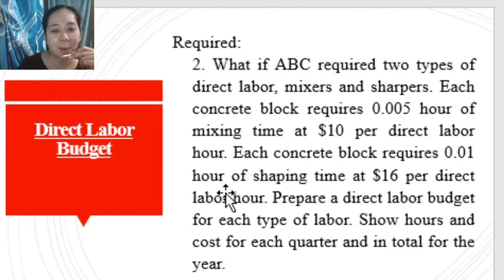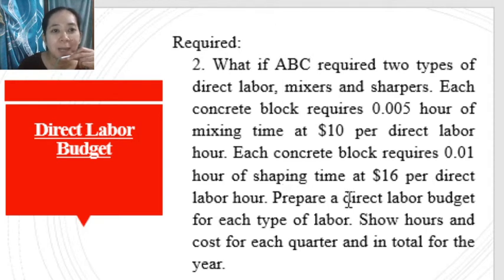For the second requirement, what if the company requires two types of direct labor? We have the mixers and shapers. Each concrete block requires 0.005 hour of mixing time at $10 per direct labor hour. In terms of shaping, each concrete block requires 0.01 hour of shaping time, and the direct labor cost is $16 per hour.